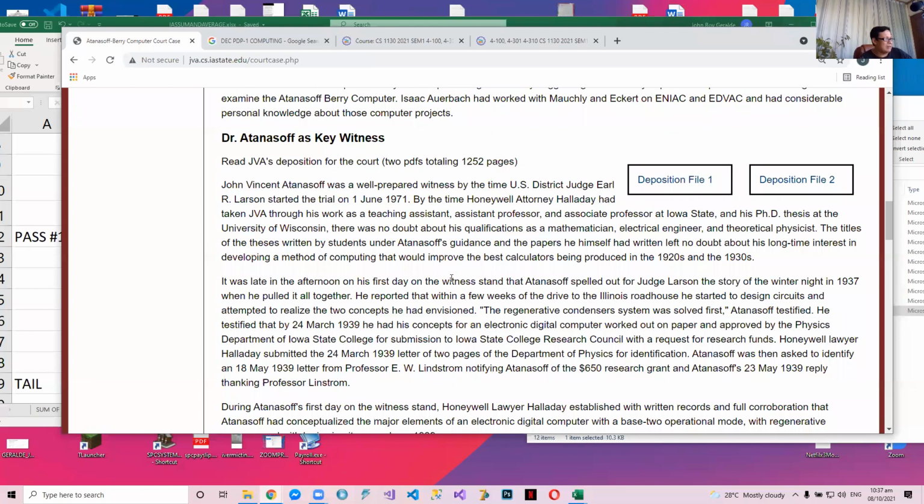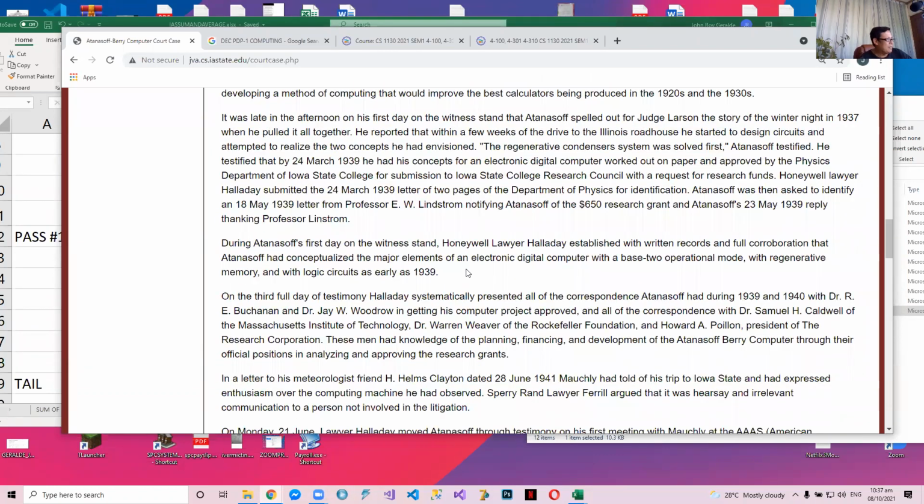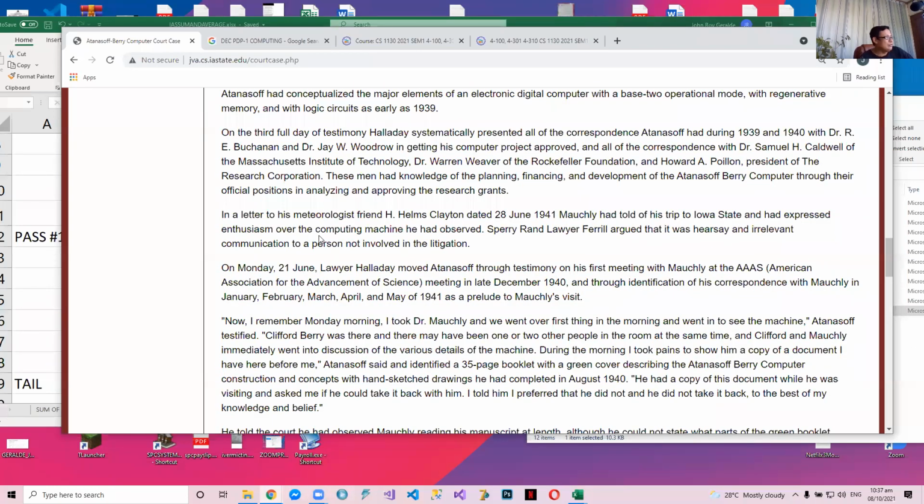They just copied a lot of the concepts from the ABC computer. This is a long story. I'd like you to read this, okay?